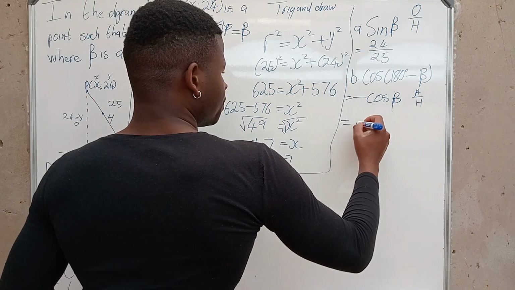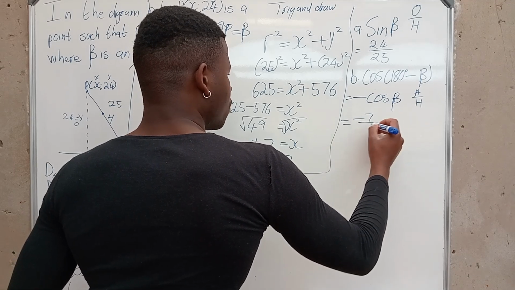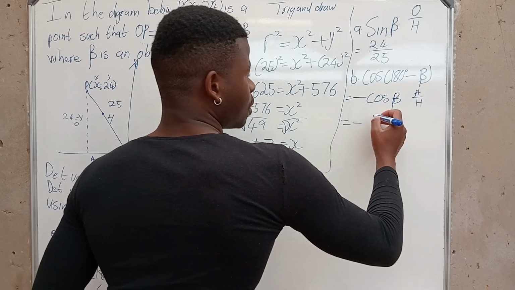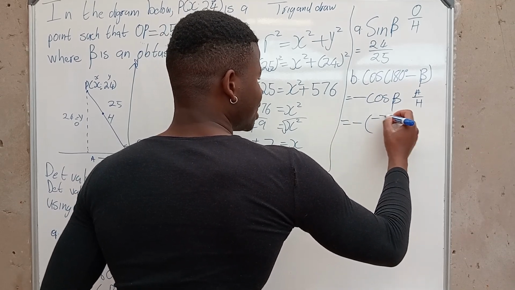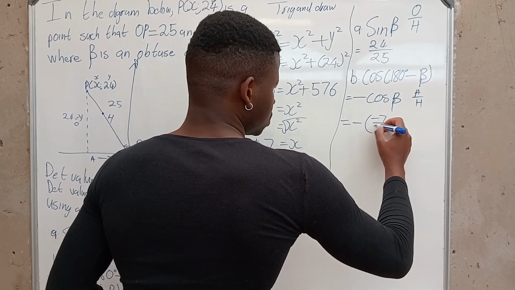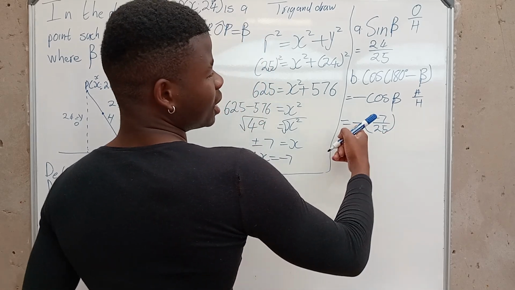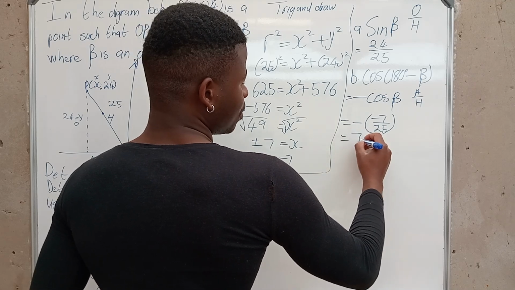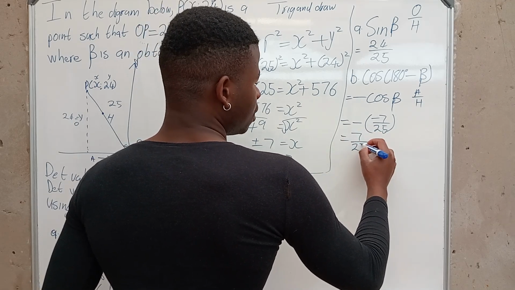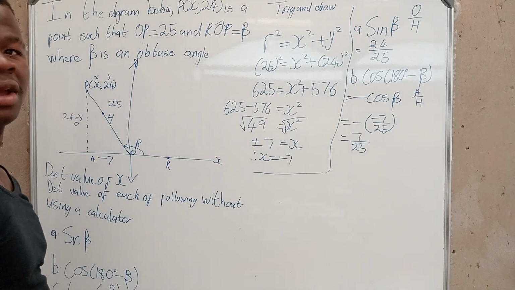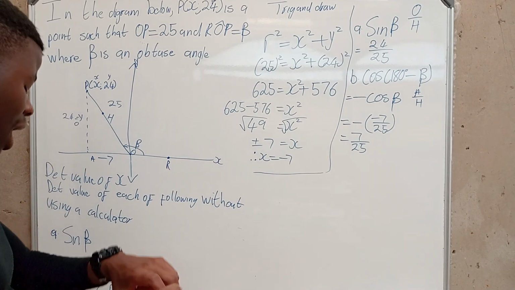You'll write minus, then open bracket, minus 7 over 25, and then close bracket. And then this negative must multiply that negative. Then we are left with positive 7 over 25.